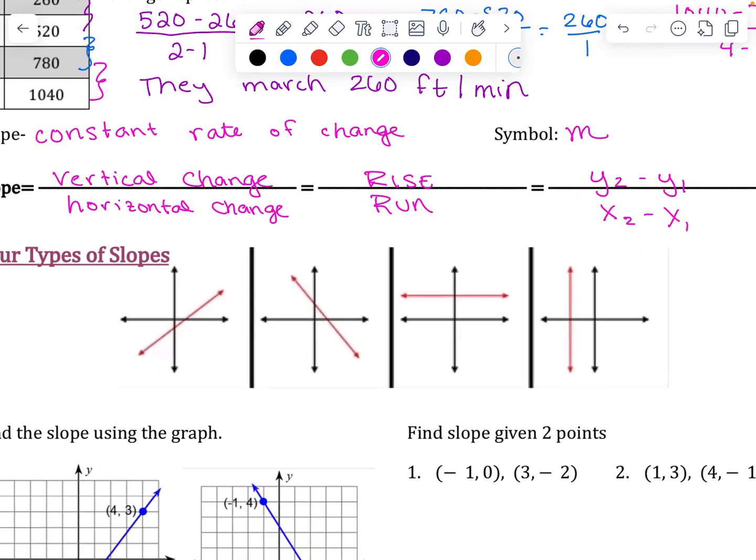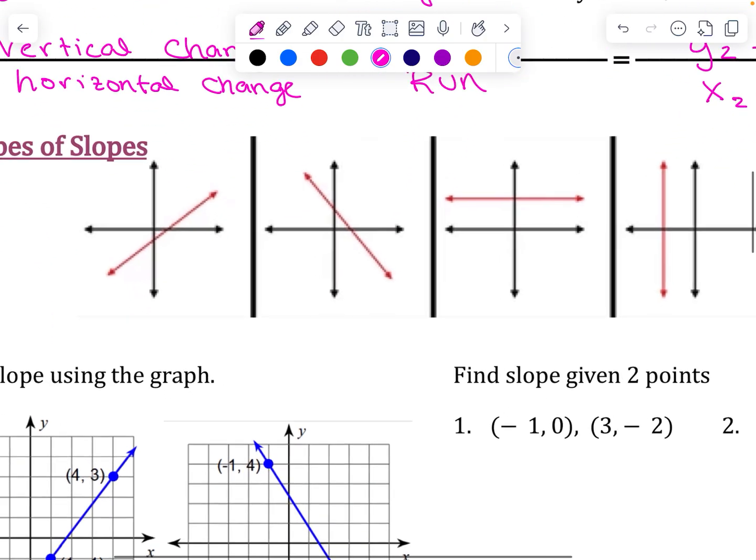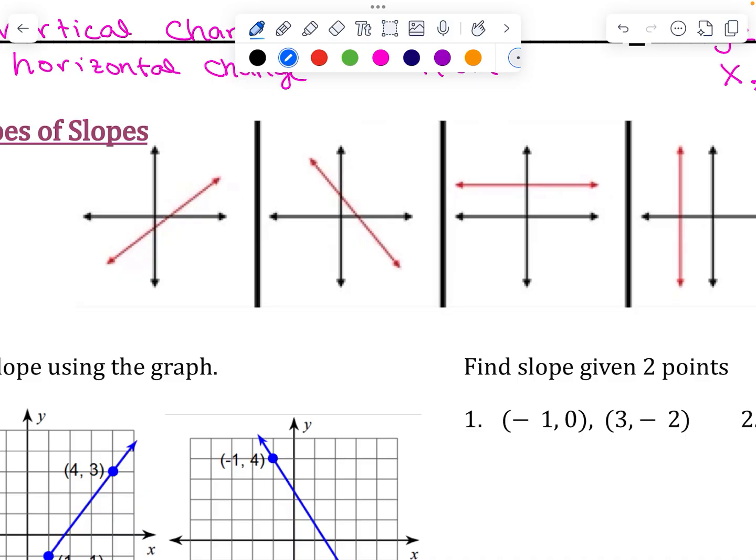There are 4 different types of slope. If we are going up from left to right, it is going to be a positive slope. So m equals positive. If our slope is going down from left to right, our slope is going to be negative.